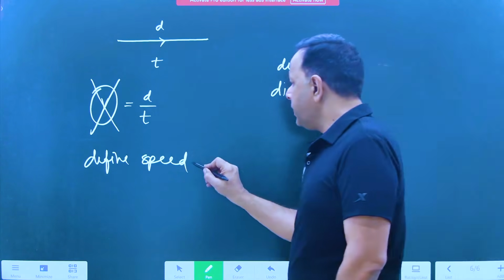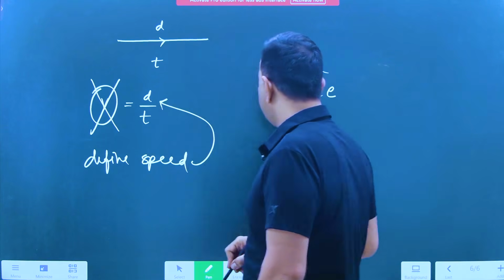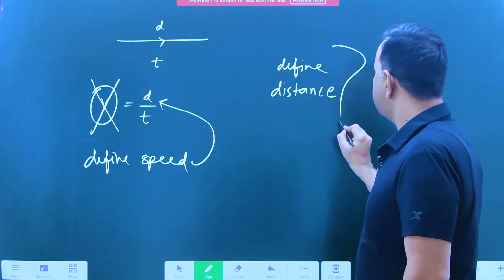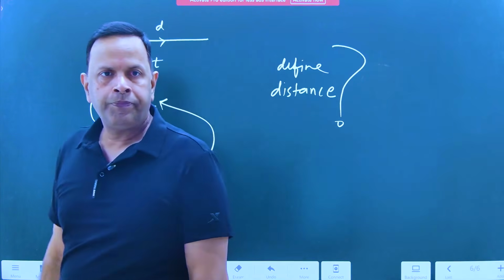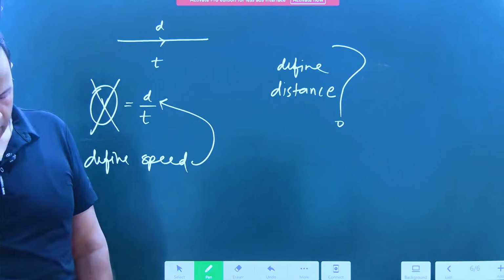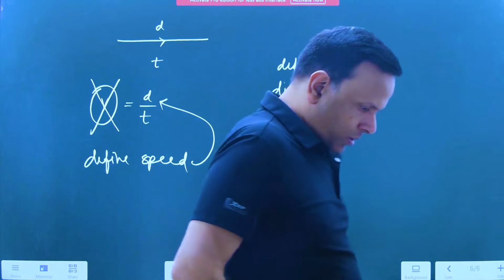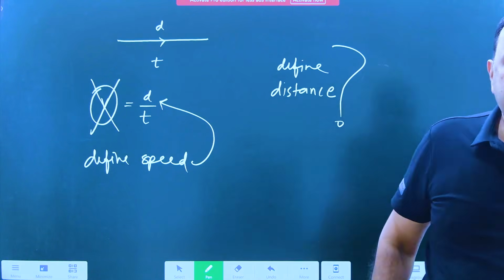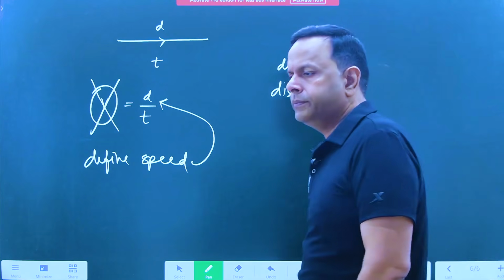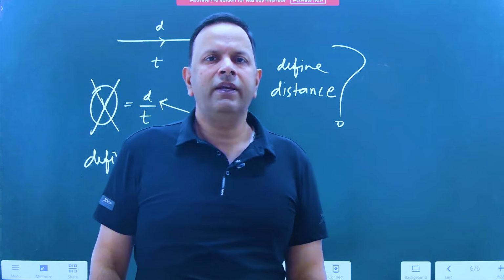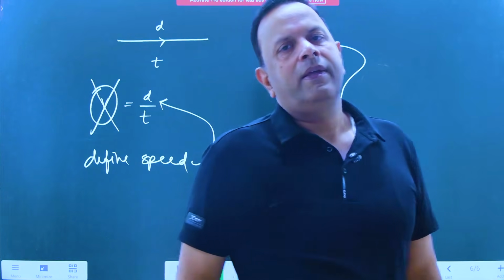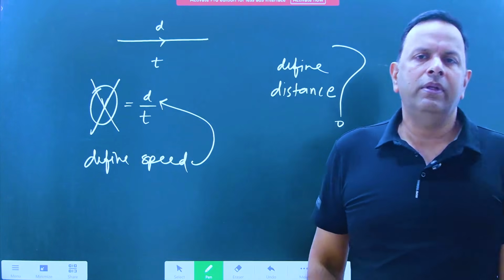So the speed is defined like this. Now question comes, how will you define the distance? Try to define distance, and I don't think you'll succeed.